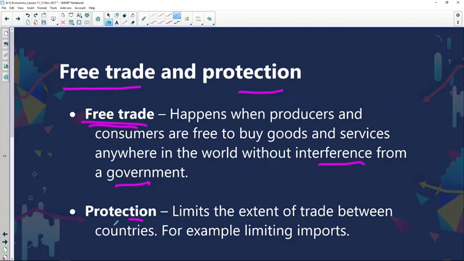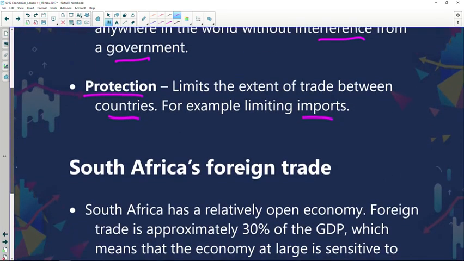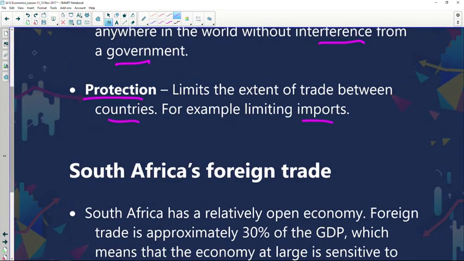And then protection occurs when there are limits to the extent of trade between countries, for example, limiting imports. We know that government tries to support local suppliers by encouraging citizens to buy from them. It is a good thing.